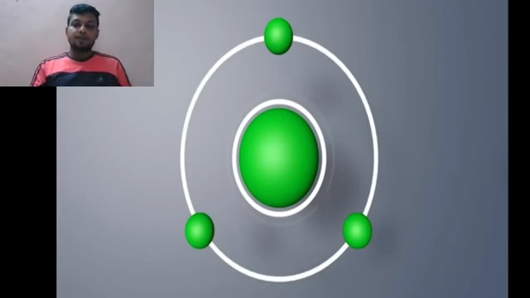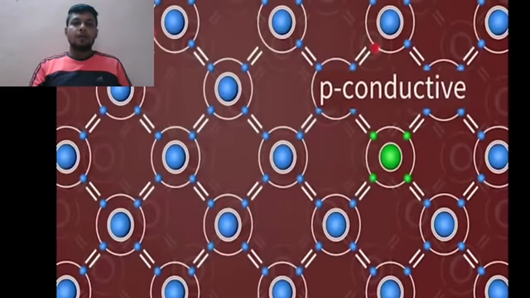So when we add this to the silicon crystal, one electron bond in the silicon atom is left free. This creates an electron hole.